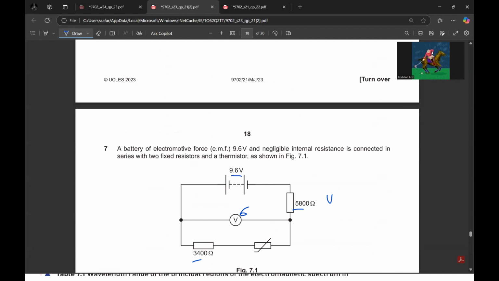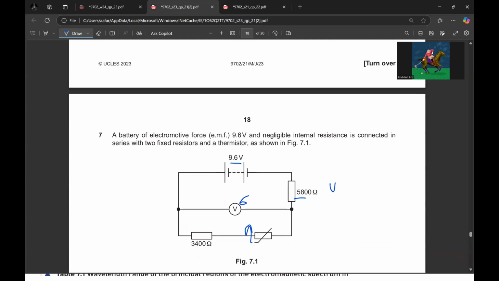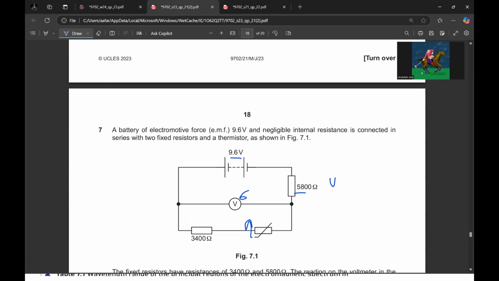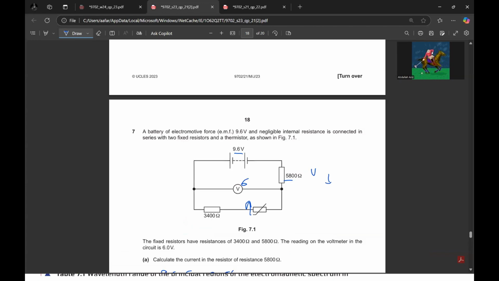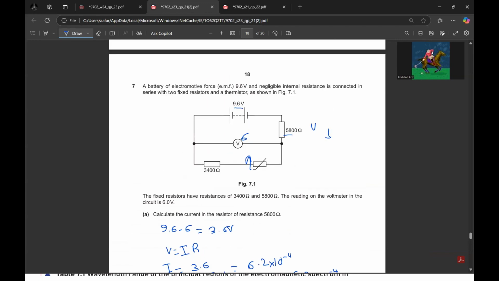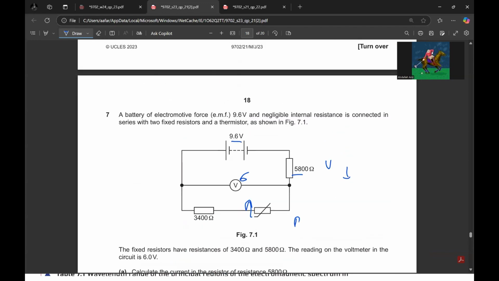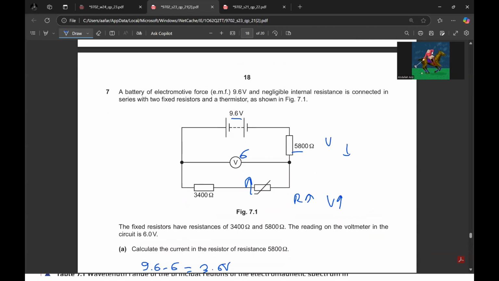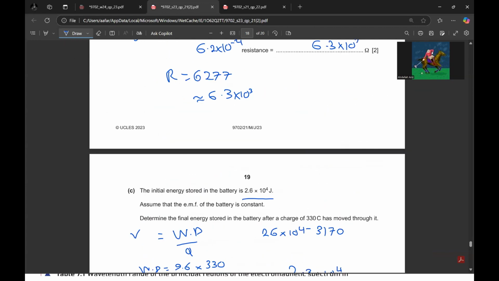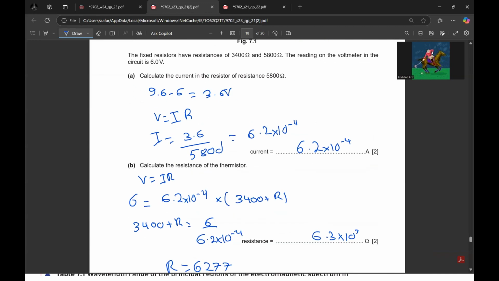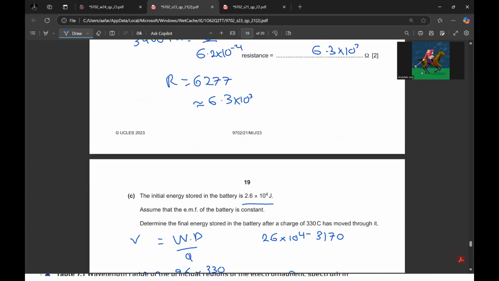So if it's getting 6 volts right now because of its resistance, but you increase the resistance, that means you decrease the current, right? So if you are decreasing the current, that means more resistance is getting more voltage. That's why the resistance increases, current decreases, and the voltage increases.